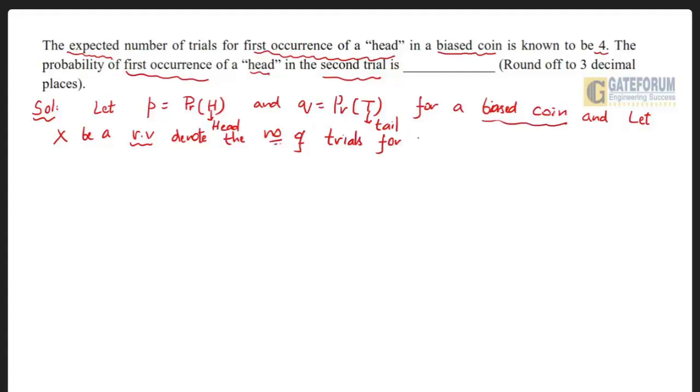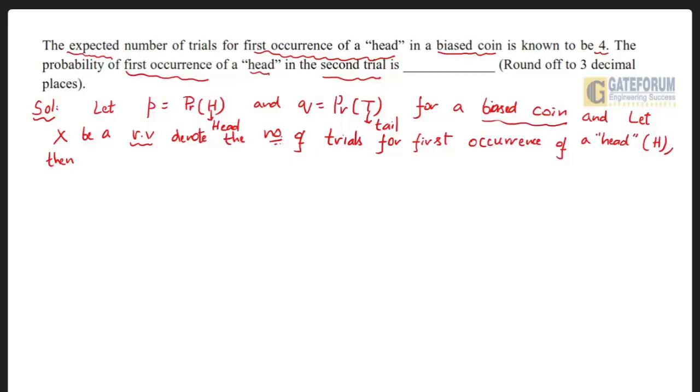For getting first occurrence of a head, in bracket, that is denoted by capital H. Then we have a table, capital X versus probability along with event, and then you know that expectation of X, that is average, for a discrete random variable.